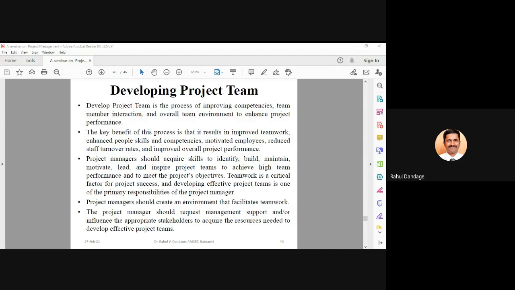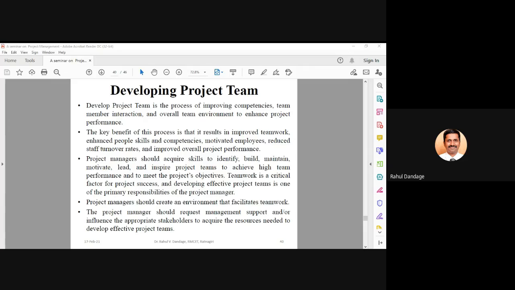Then reduced staff turnover rates. So if your project team is developed in the right sense, if the environment in your project team is maintained in a right spirit, then the staff turnover rates, when we say staff turnover, means people are leaving the job, new people are coming.